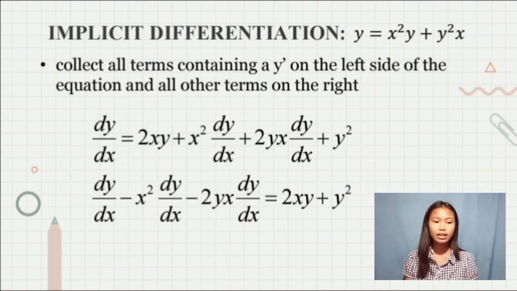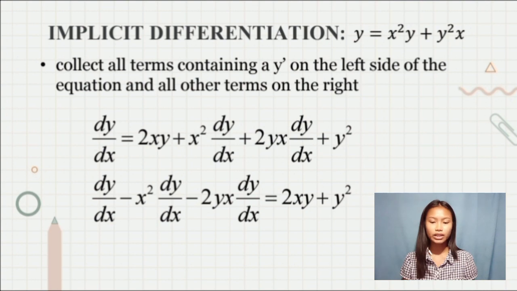Second, collect all terms containing a y prime on the left side of the equation and all other terms on the right. In this stage, we will be collecting all terms containing dy over dx on the left side of the equation, which are x squared plus 2yx, and all other terms left on the right, which are 2xy and y squared.